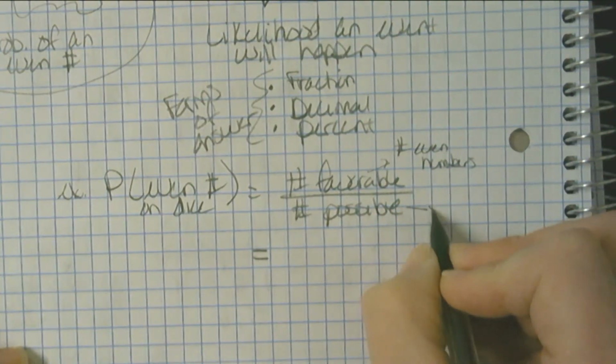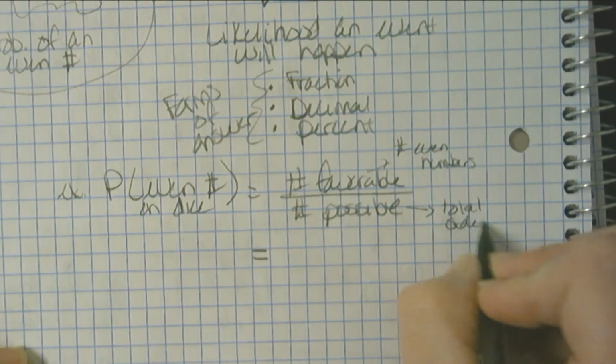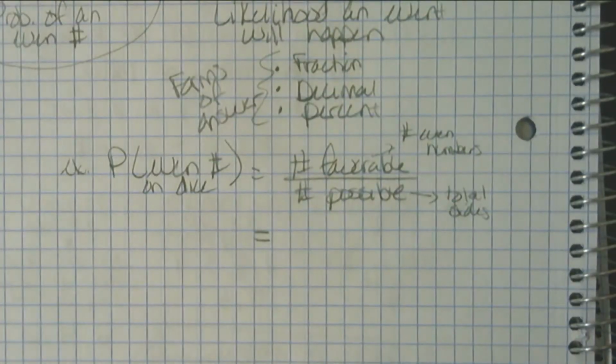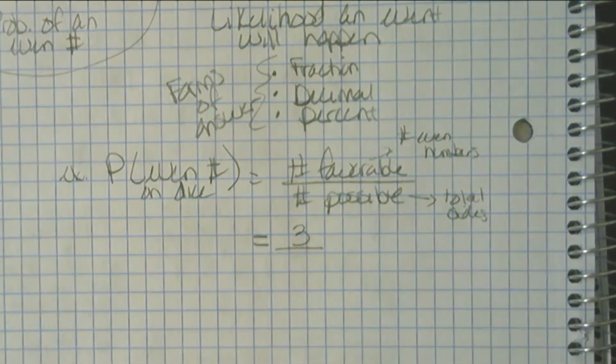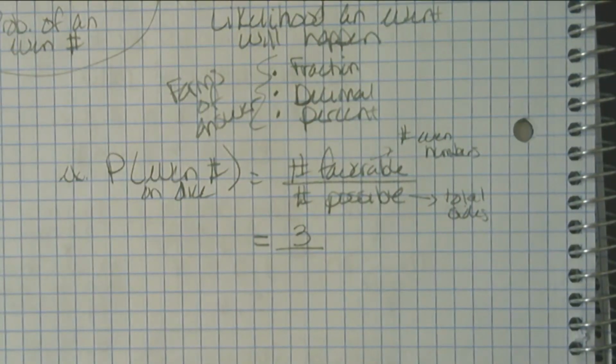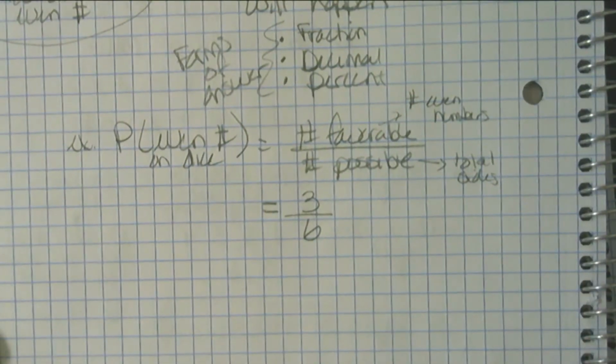The possible are the total sides. So how many numbers are even numbers on a dice? Jacob? 3. How many total numbers or sides are there on a dice, Jacob? 6. So my probability is 3 over 6.